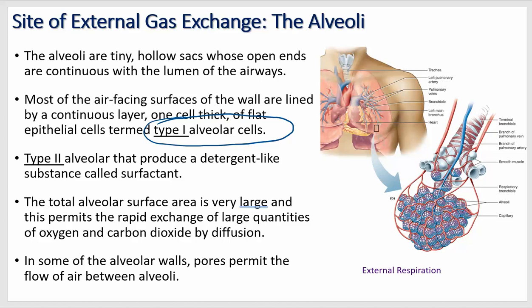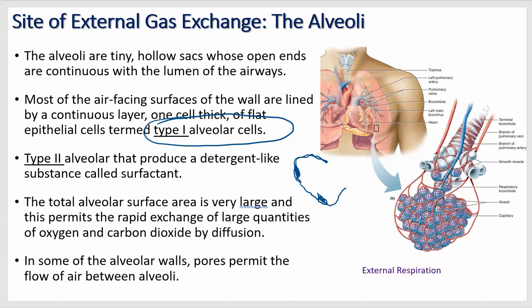And so this is what's actually making up the alveolus. Okay, so it's a cell. It's like those epithelial cells, but it's just a cell that makes up the alveolus. And there might be another one over here. Okay, that's the nucleus, and that's what's making up these alveoli.